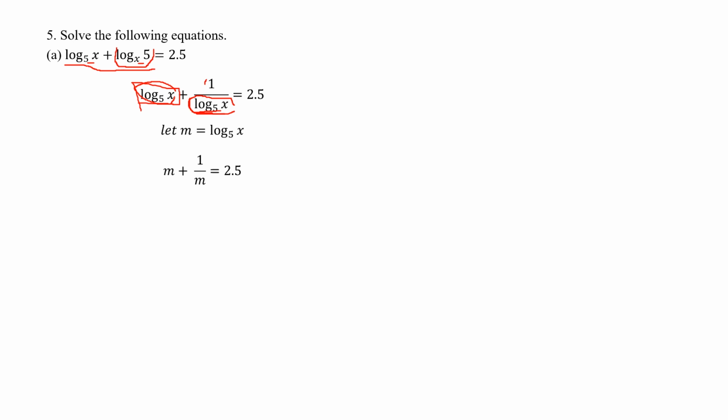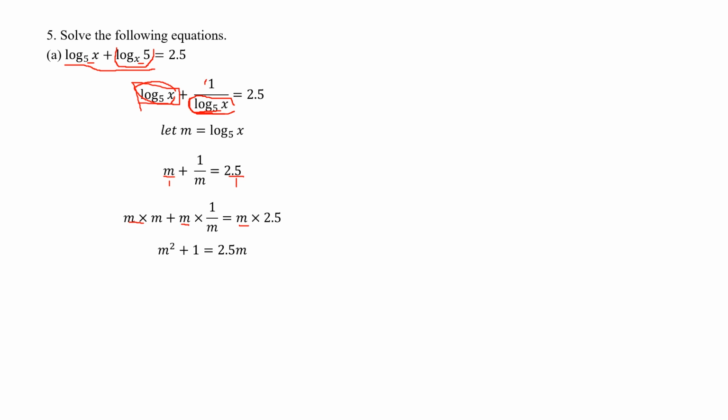Now, we are having a fraction of m in the denominator. Then the rest here are having the denominators as 1. So we get the LCM of the denominators, then we multiply it throughout just to eliminate the denominators. So the LCM is m. So the first part there times m, the next one there times m, and even the other side of the equation times m. So as a result, we are having m squared plus 1 is equal to 2.5m.